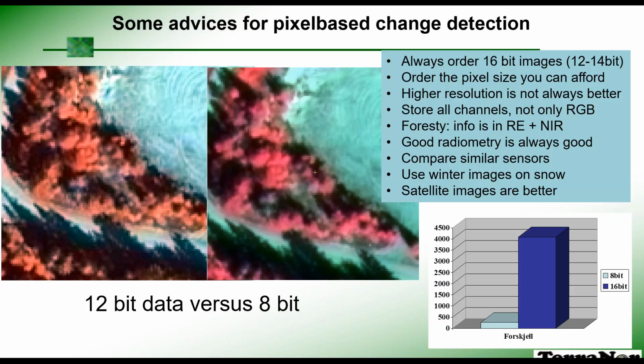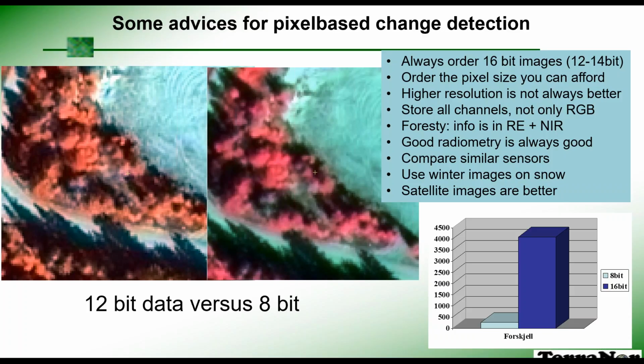For forestry, my opinion is satellite images are better because you don't have all the problems with leaning trees. Of course, when you go for UAV and high resolution data, you can see a lot of details on the ground, and for manual interpretation, that's great.